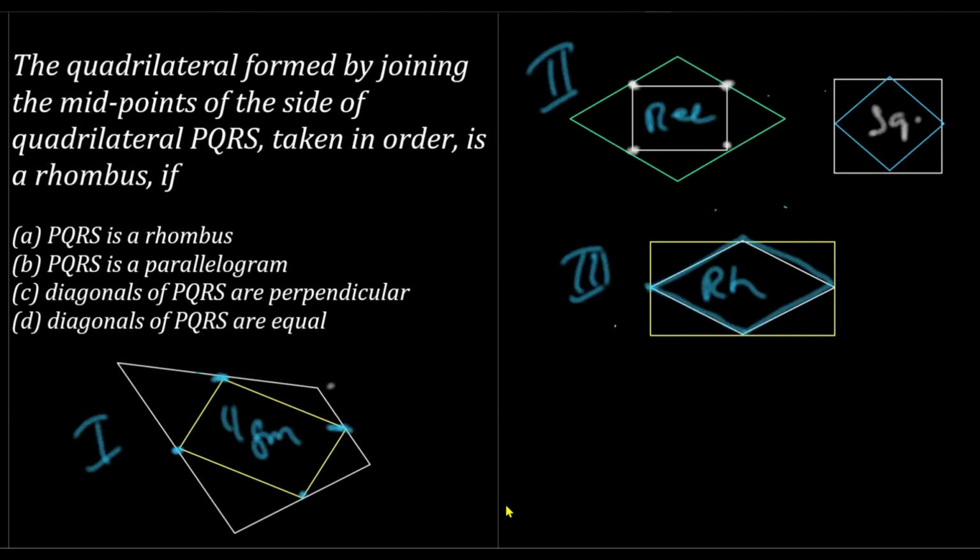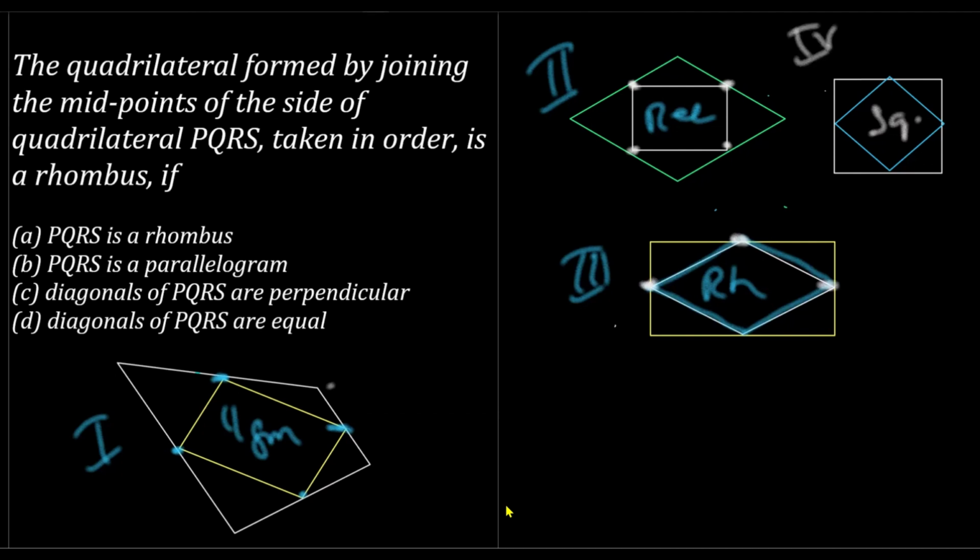If the outside is a rectangle, then the quadrilateral obtained by joining its midpoints would give you a rhombus. That's the converse of the previous. And the fourth part is this, that if you are given a square and you join the midpoints of these sides, it gives you a square only. So here the inside and outside is a square.